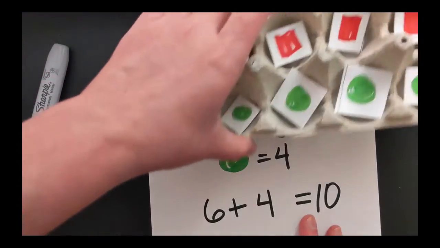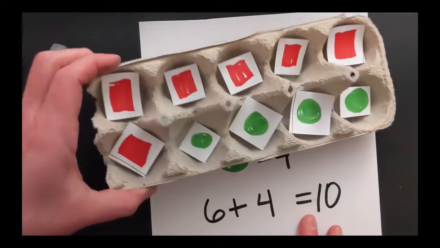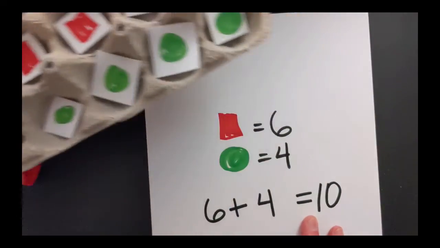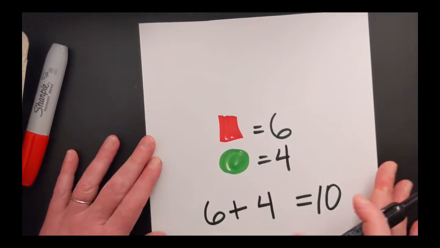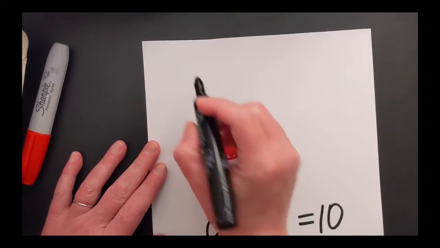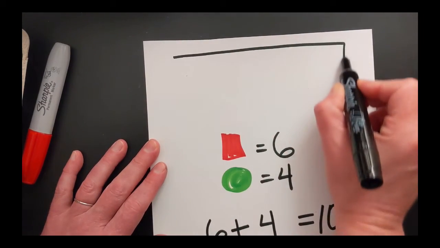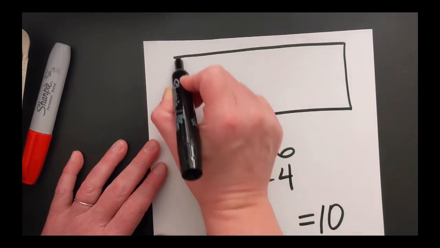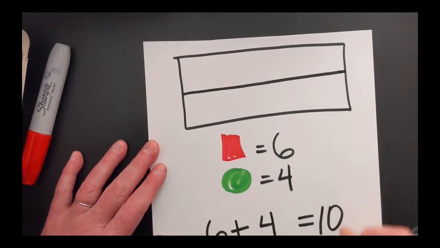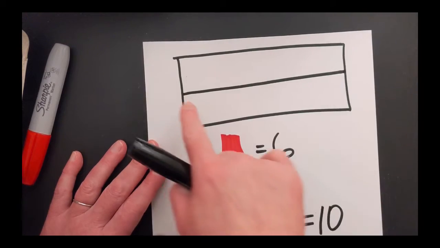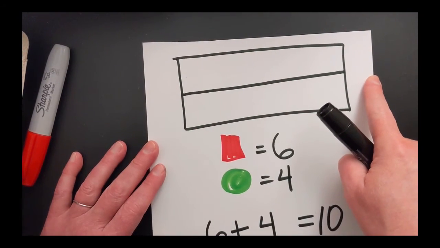So if you don't have an adult around today and you don't make a little 10 frame like this with an egg carton, here's another way you can do it. Draw a big rectangle. Then you draw a line down the middle long ways.